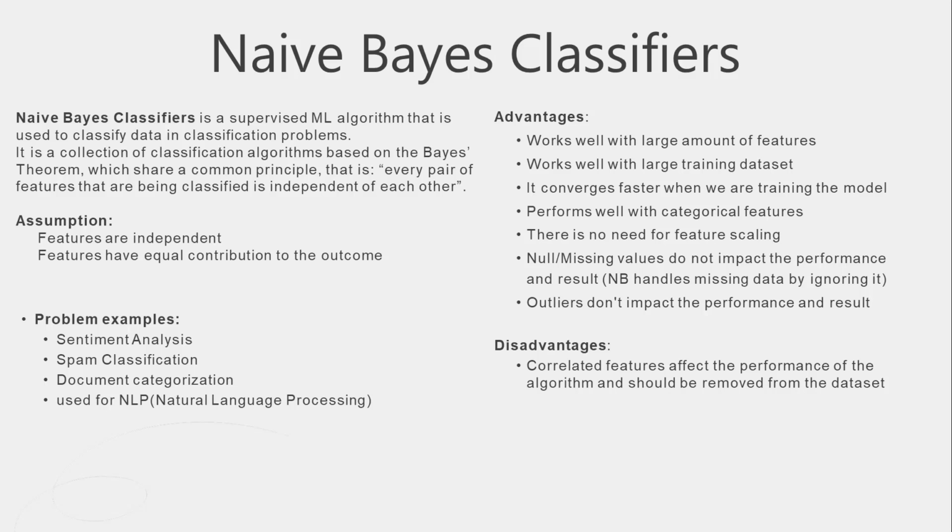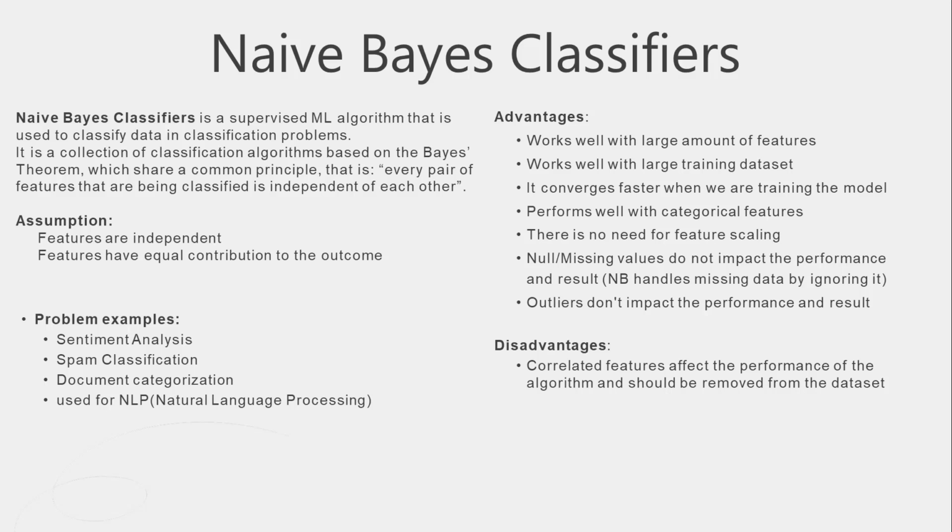Convergence is quite fast, which means that it ends the training in very short time. Performs well with categorical features where we have distinct values and we don't have to scale the features. Also, missing values and outliers do not impact the outcome since they can be ignored by the model.